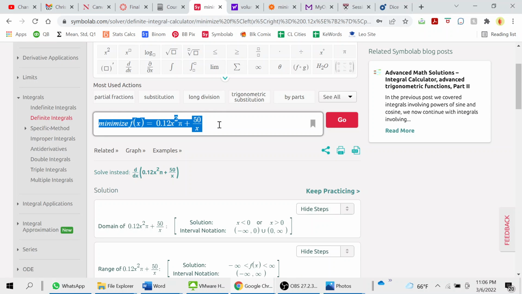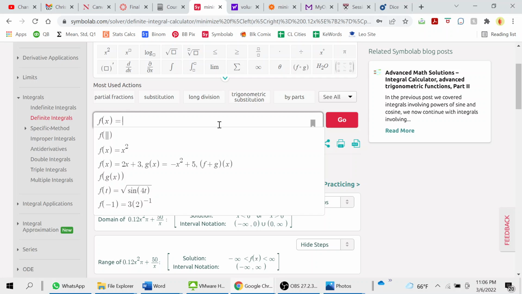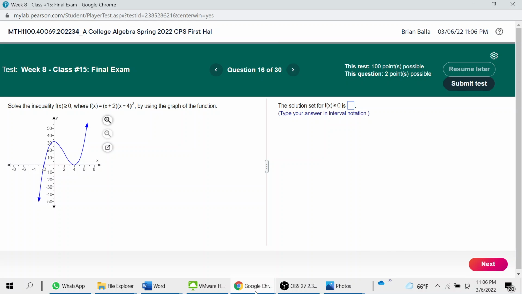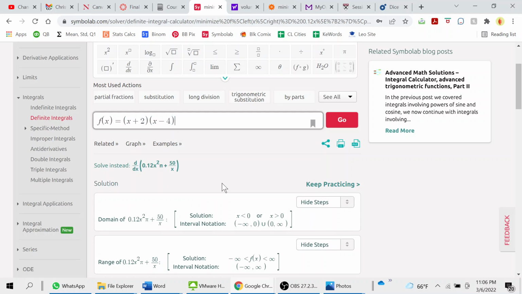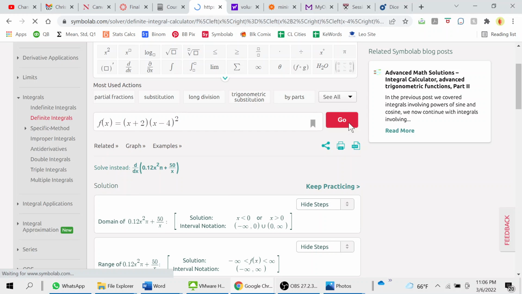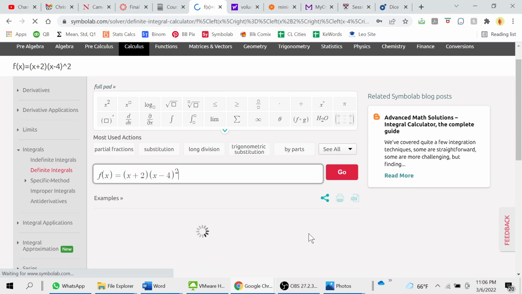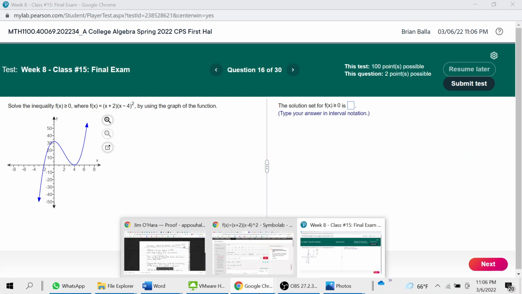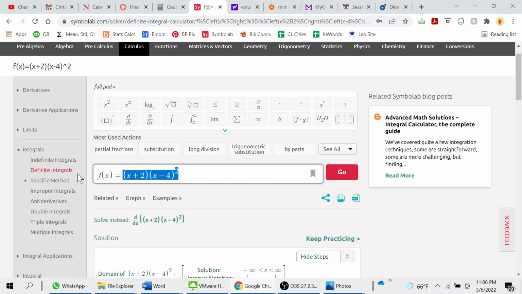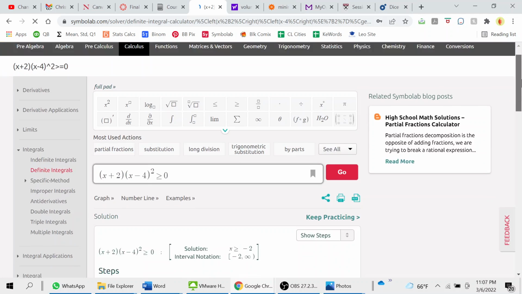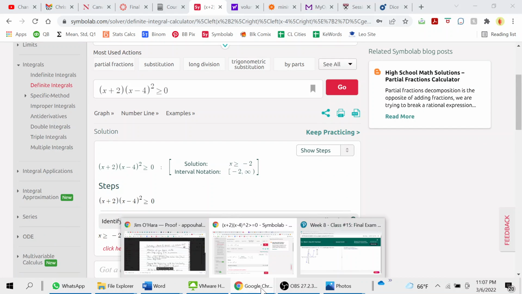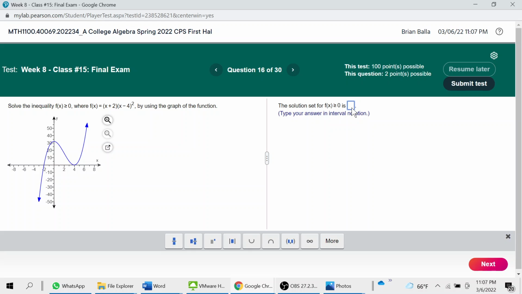Okay, x plus 2, x minus 4 squared, and it's greater than or equal to 0. Type it in and tell me what the solution is. Okay, negative 2 inclusive to infinity.